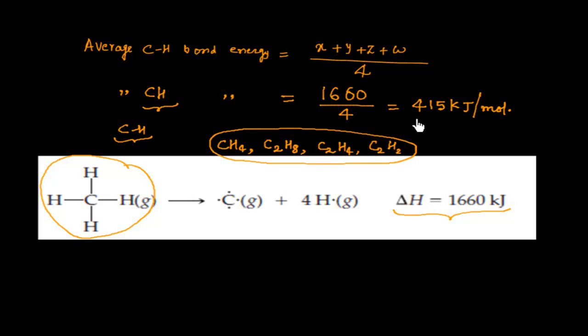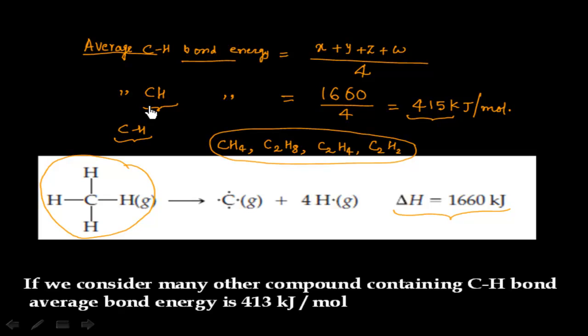So if I want a more accurate value of the carbon-hydrogen bond energy, we have to take an average over a large number of molecules. If we consider many other compounds containing carbon-hydrogen bonds, the average bond energy comes out to be 413 kilojoule per mole. So if I consider only methane, the average bond energy is 415, but if I consider a large number of molecules, this value is 413 kilojoule per mole. So now I can say the average bond energy of the C-H bond is 413 kilojoule per mole.